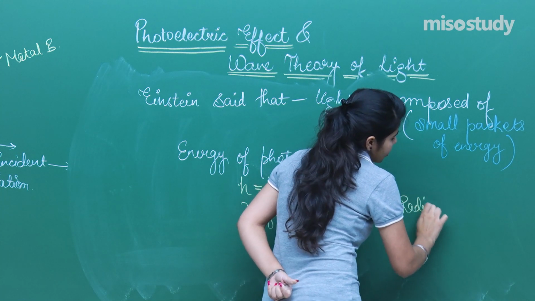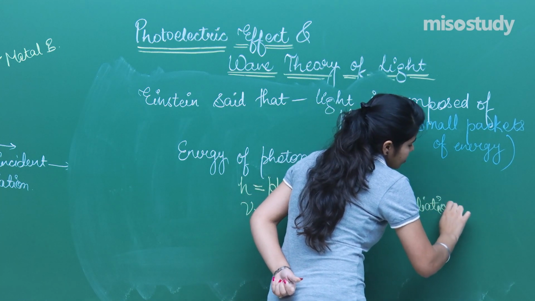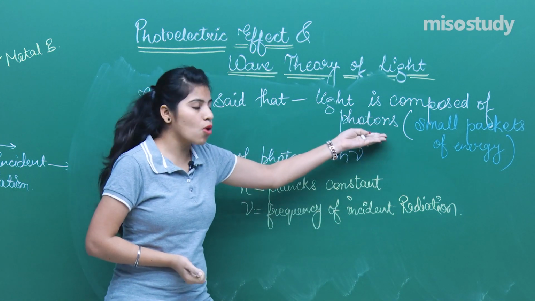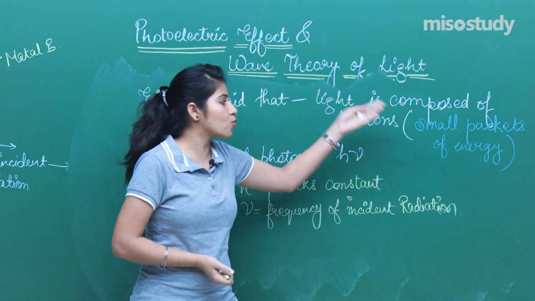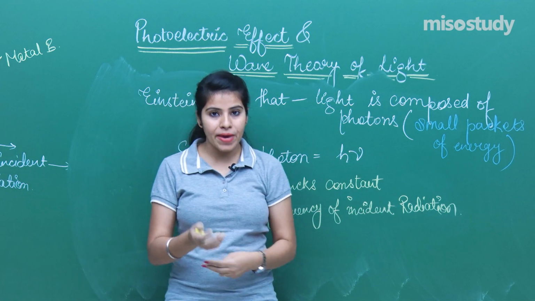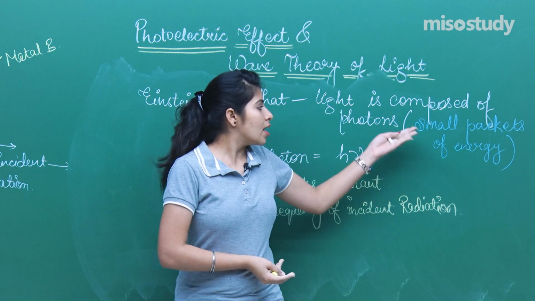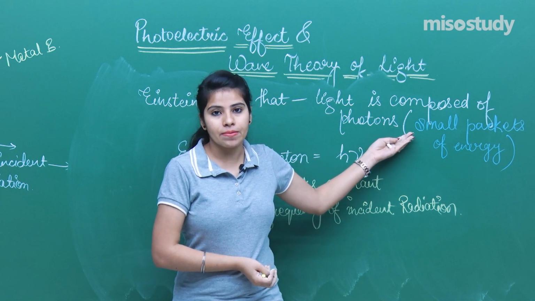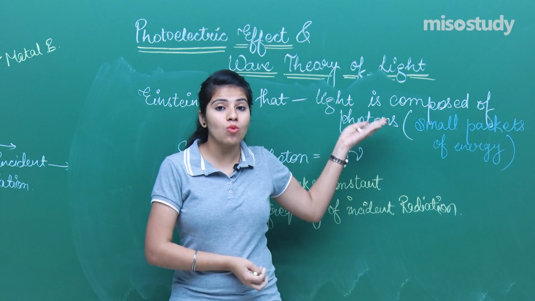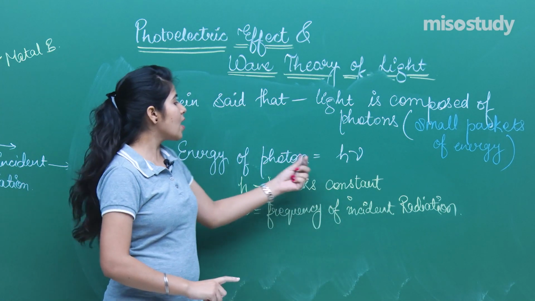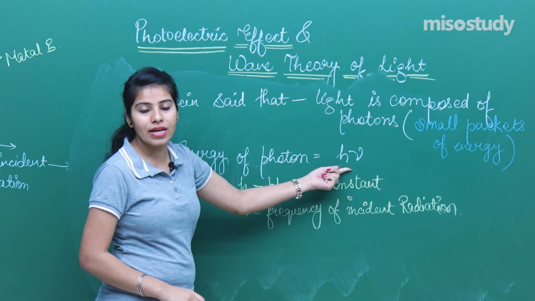And he said that light is composed of small particles which we call photons. These photons will have some energy and also associated momentum. So with these small packets, momentum and energy are associated. We have discussed the energy.